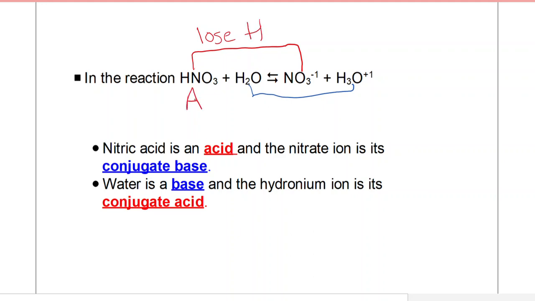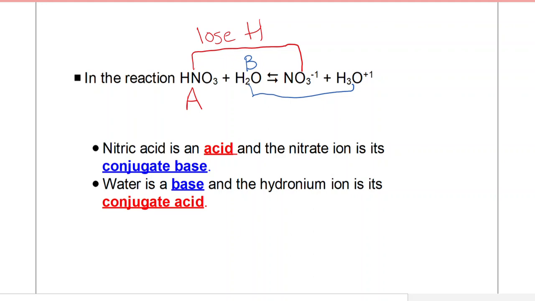Now you might have already known, because it has that H in front, that it's an acid, which is something you can use to help you as well, but sometimes it won't be quite that obvious for these types of Bronsted-Lowry acids and bases. Water in this case is gaining a hydrogen, so water is going to be acting as a base. You might be thinking, well, water's neutral, how can it act as a base? We're going to get to that in just a moment, so hang tight if that's what you were thinking.